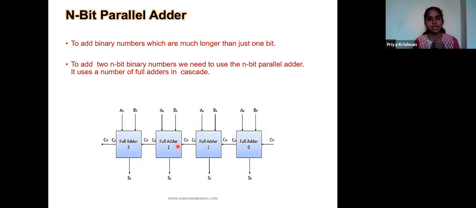So how can I expand this for a 5-bit parallel adder?